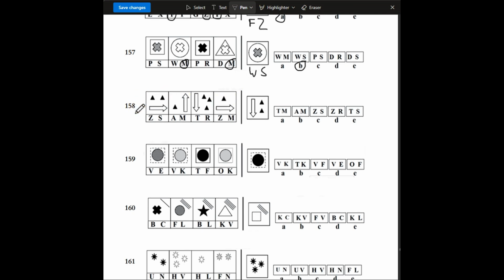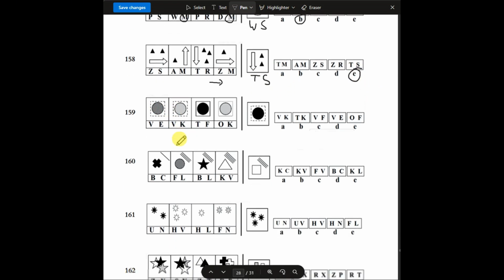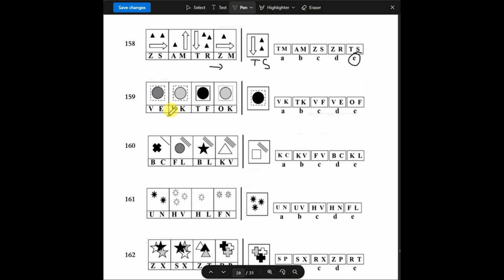Question 158. Z means right, so down would mean T. And 2 triangles seems to be S. So TS, which is option E. Question 159.